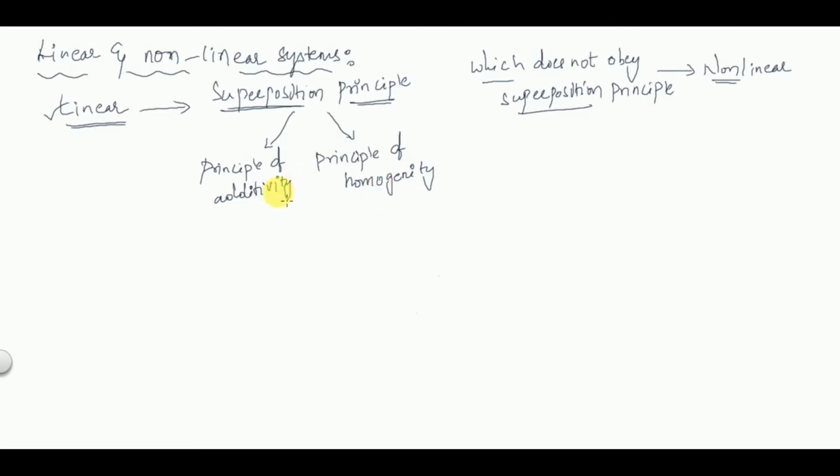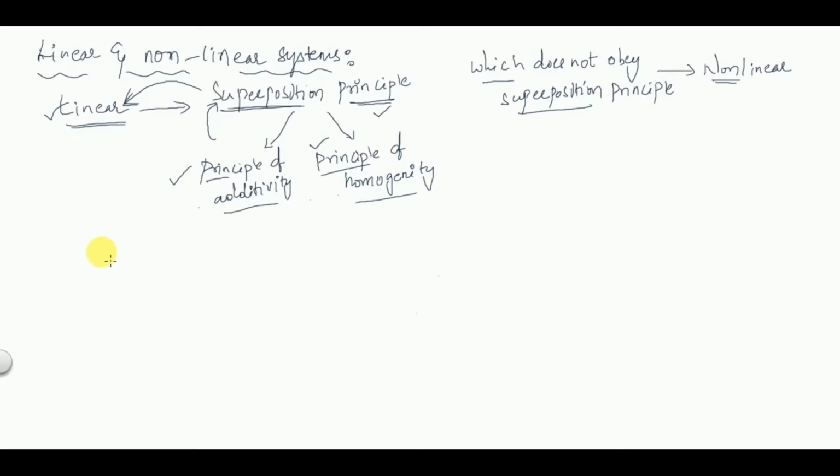Any system which obeys both principles, that is the principle of additivity and the principle of homogeneity, is said to obey the superposition principle, and any system which obeys the superposition principle is in turn called a linear system. So we have to learn about these principles in detail.